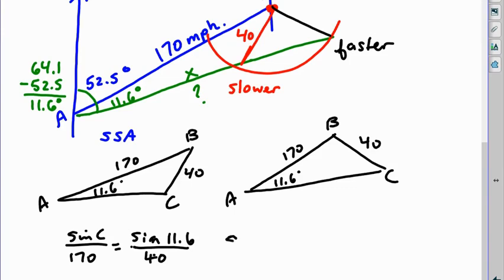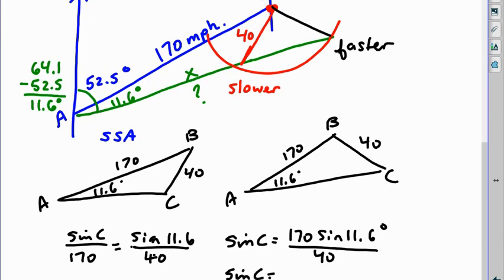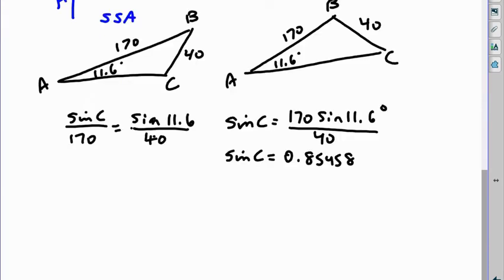So sine of C will equal 170 sine of 11.6 degrees over 40. Sine of C is equal to a ratio of 0.85458.